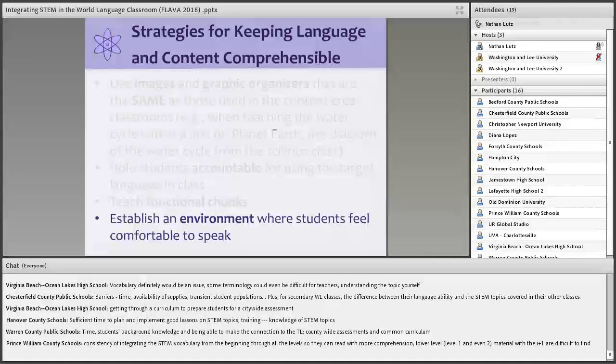Now, that's a little bit bigger than just having a disposition of a teacher to be willing to accept incorrect answers or mispronunciations, but to really invite the entire community of the classroom to lean into those differences of student expression and to be accepting of those incorrect answers or mispronunciations or students who struggle to complete a train of thought entirely in the target language. We want to encourage them, of course, to do that, but we also need to make sure that they feel safe to be those risk takers and to try out new language.